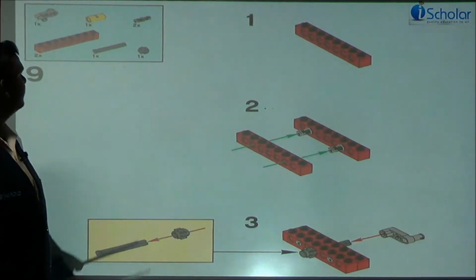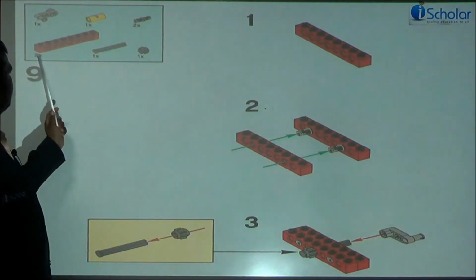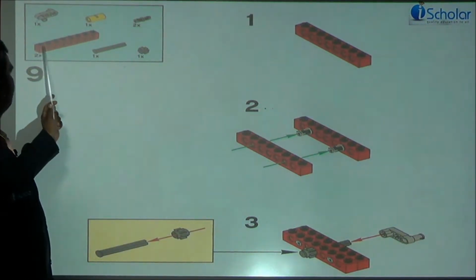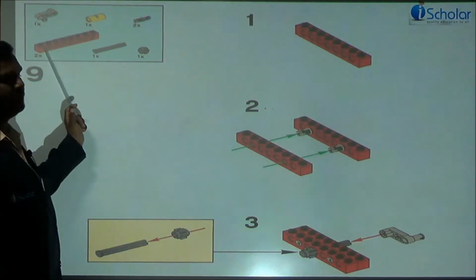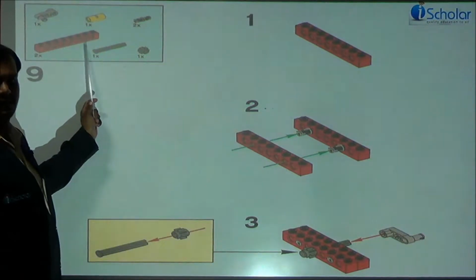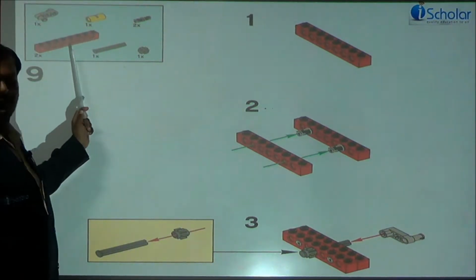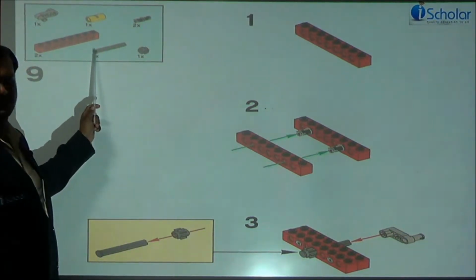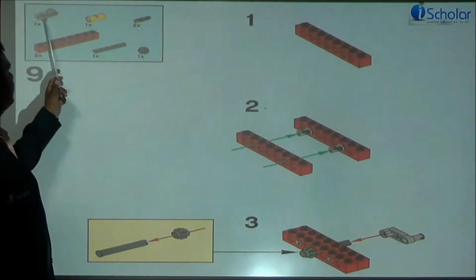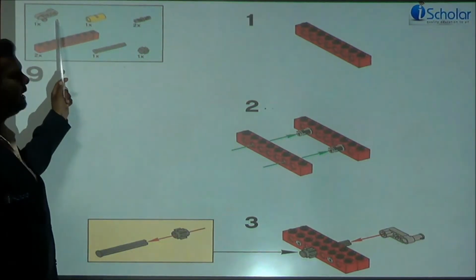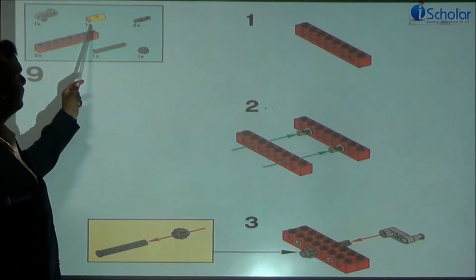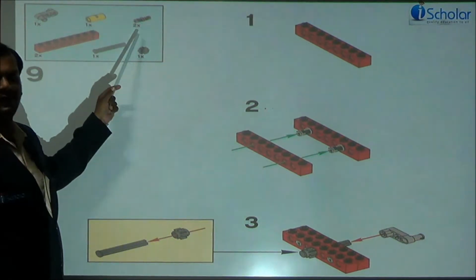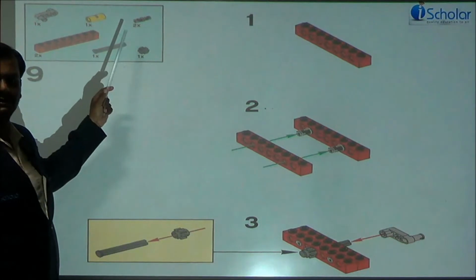From your kit, we have to take the long red color block, which has 8 dots, 2 in number, and the handle, 1 in number, and the handle extender, again 1, and you will have small black color connectors.